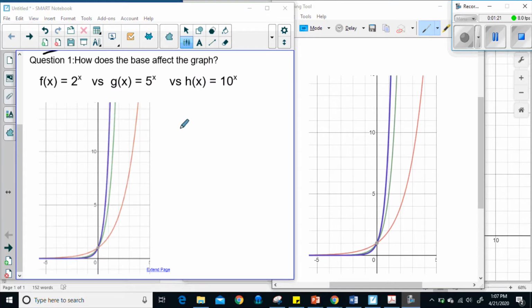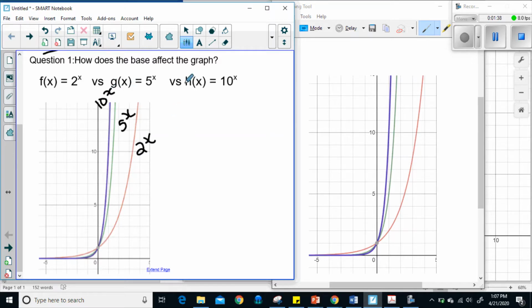Okay, so we just looked at 2 to the x versus 5 to the x versus 10 to the x. So this red curve here was my 2 to the x. The green curve was my 5 to the x. And my blue curve was my 10 to the x.